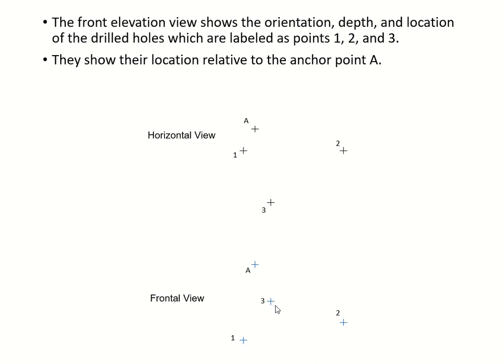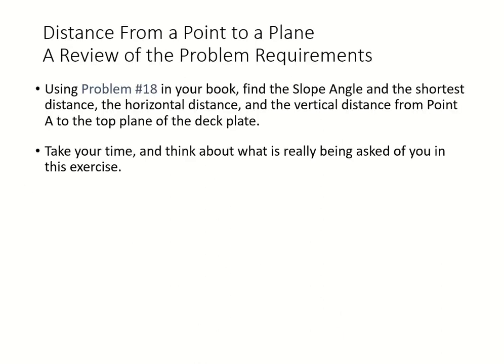So your orientation, your depth, and the location of the drill. We will label that 1, 1, and then 3, 3, and then 2, 2, and then A, A. Don't forget your full line is right in there, in between the two views. And of course, A is your anchor point, your support. So we've got all of the relative locations right in there.